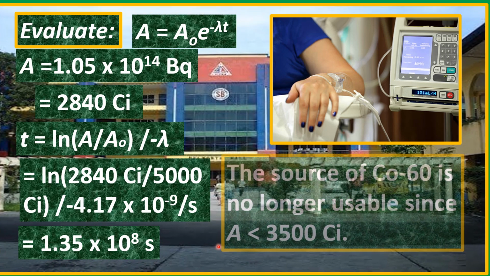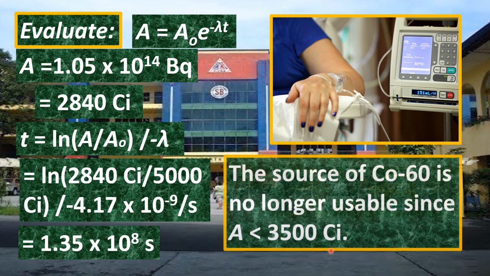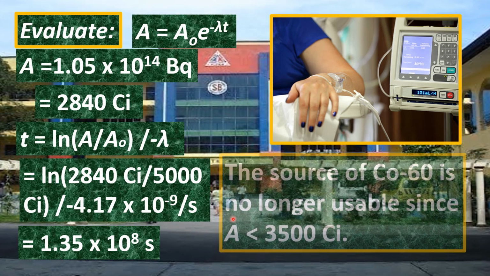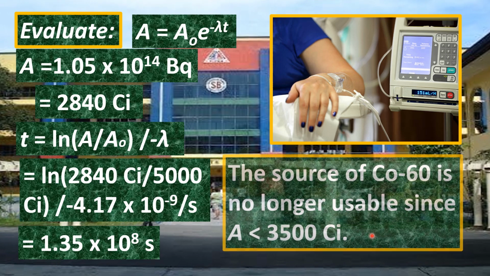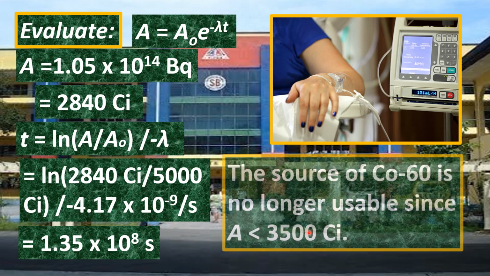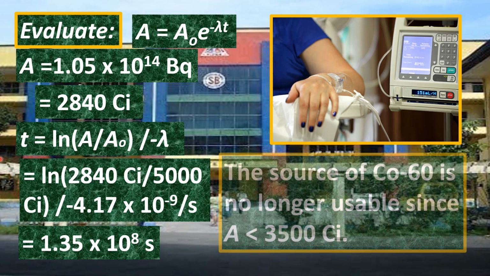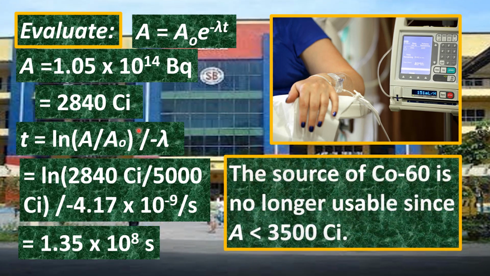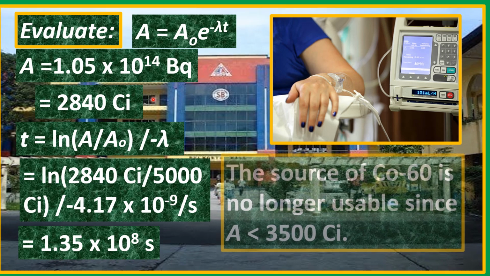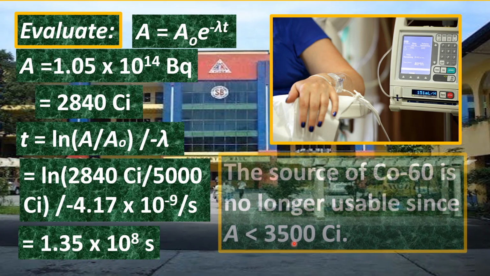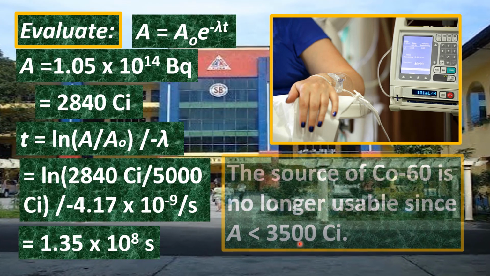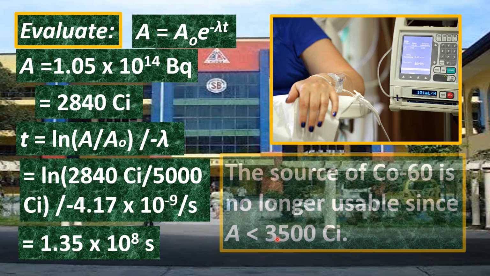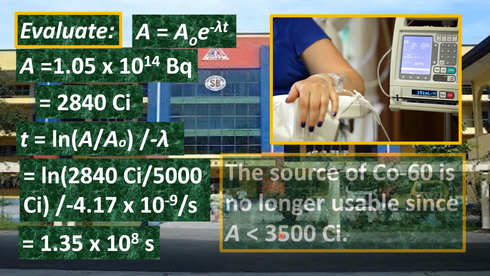That is, the source of cobalt 60 in this problem is no longer usable since apparently the calculated value for the activity capital A, which is 2,840 curie, is lower than the critical value of 3,500 curie.